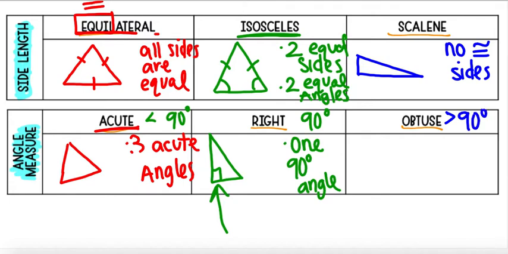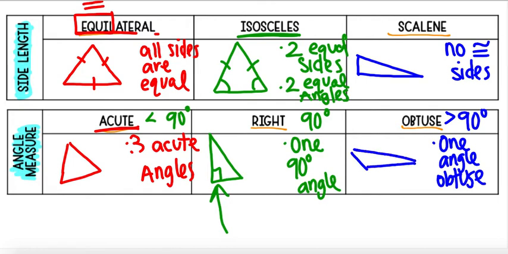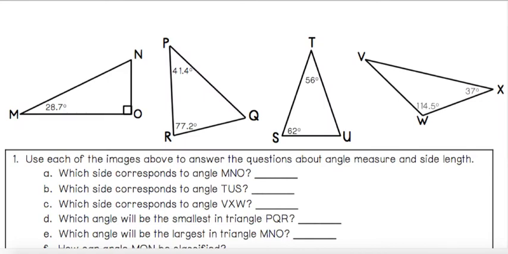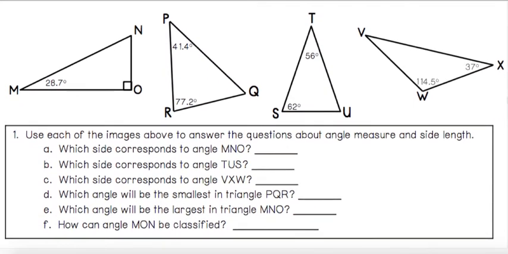So you have one angle that is obtuse. And the way that could look is maybe something like this. That is an obtuse angle within a triangle. Okay? So again, we have 6 terms here that we are learning of how we title or name triangles based on sides or angles. All right, go ahead and flip it over to the next page.